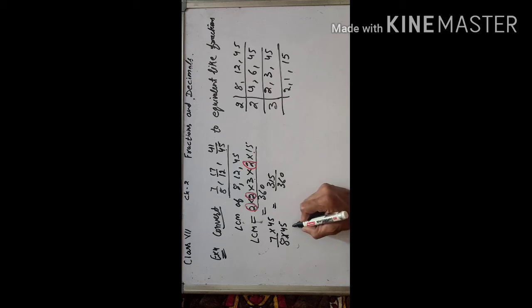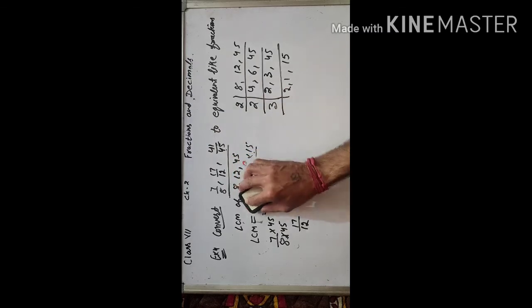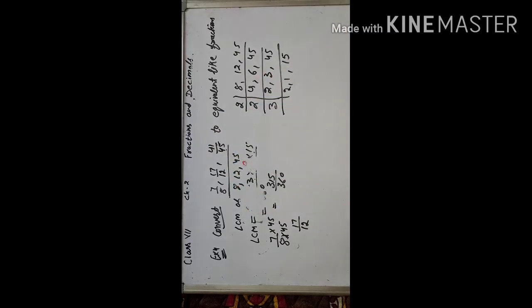Now the next fraction is 17 by 12. See these prime factors: 2 into 2 into 3 into 2. In the denominator 12 is there. 2 2s are 4, 4 3s are 12.